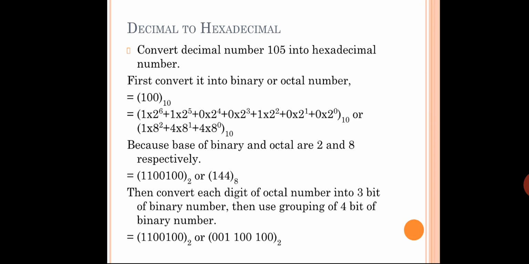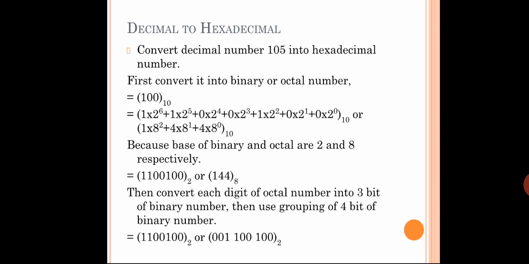For the example they have gone for 100. So 100 can be converted to binary as 1100100. How? 0 into 2 to the power 0, 0 into 2 to the power 1, 1 into 2 to the power 2, 0 into 2 to the power 3, 0 into 2 to the power 4, 1 into 2 to the power 5, and 1 into 2 to the power 6.